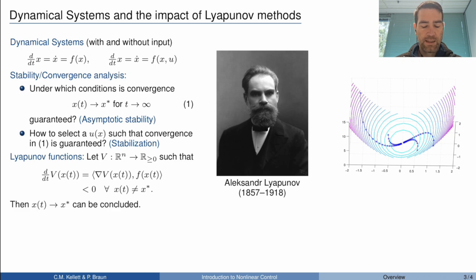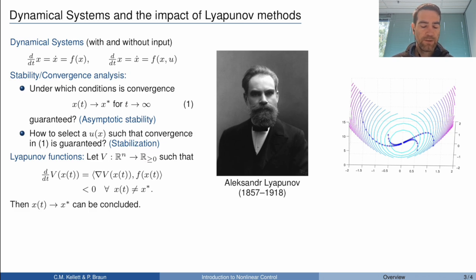So the basic idea is as follows. We want to find a positive function v, so going from R^n, where n is the dimension of the state x, to the positive real numbers.